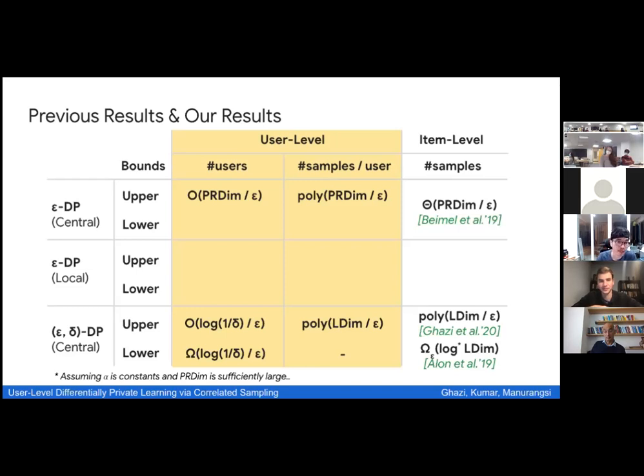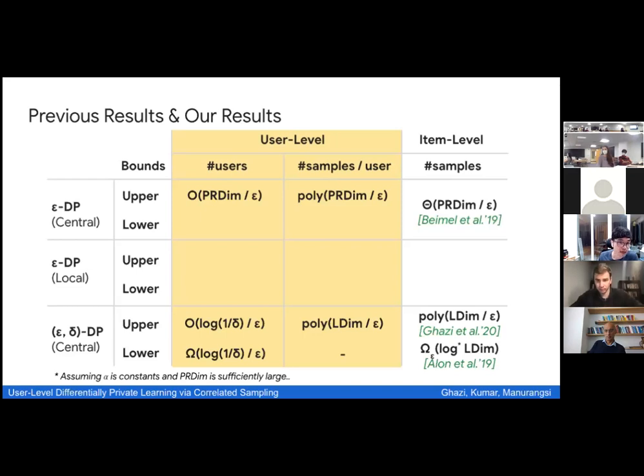But I will note that there is some difference. It doesn't show up here because I'm not listing the dependency on alpha. But in the user-level setting, our number of users doesn't depend on alpha, whereas in the item-level setting, the number of samples has to depend on the accuracy parameter alpha.